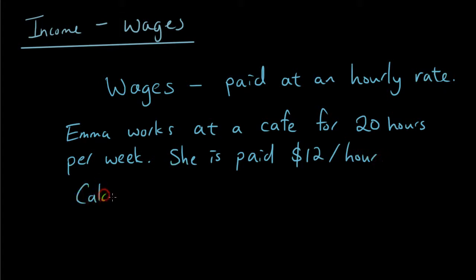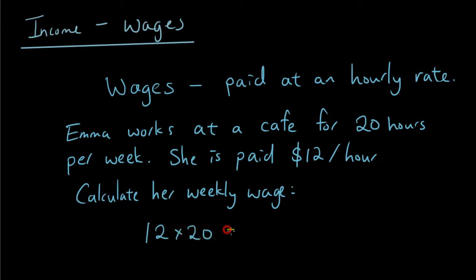Calculate her weekly wage. So then all you've got to do is you work out, okay, it's $12 per hour. She works 20 hours. So 12 times 20 would be $240 per week, which is pretty good.